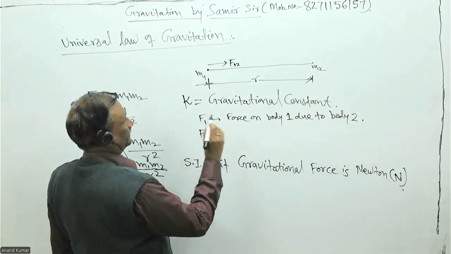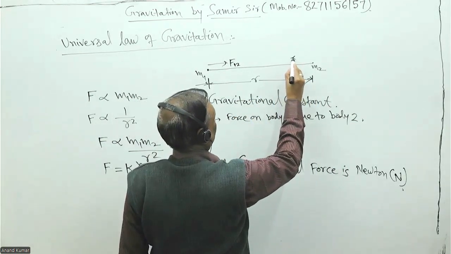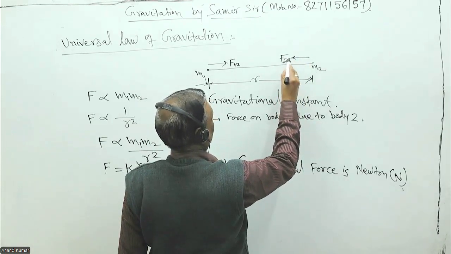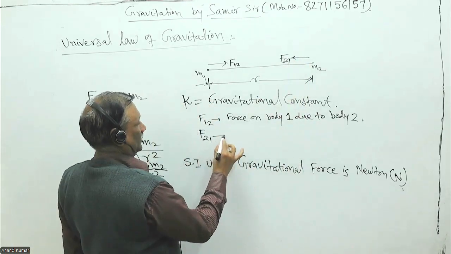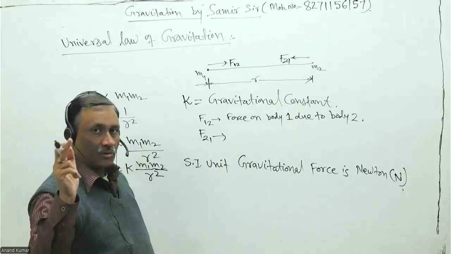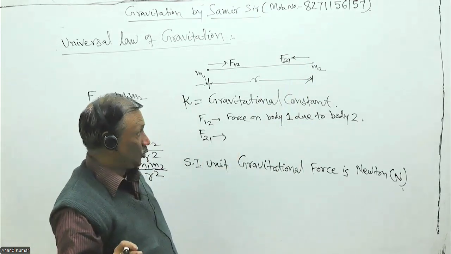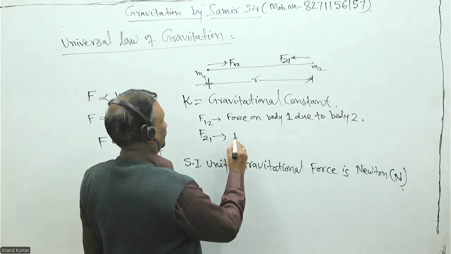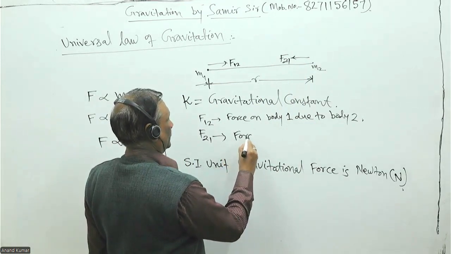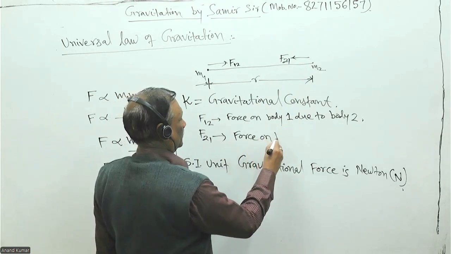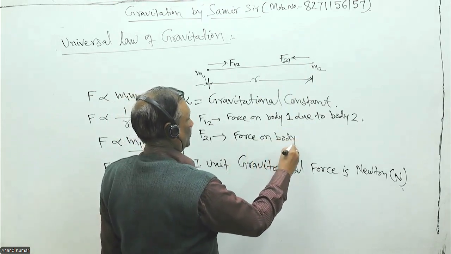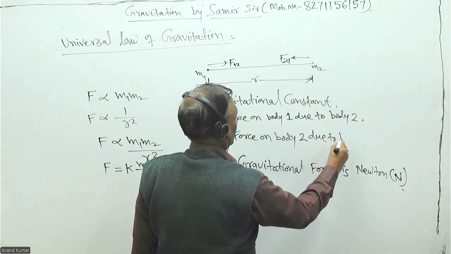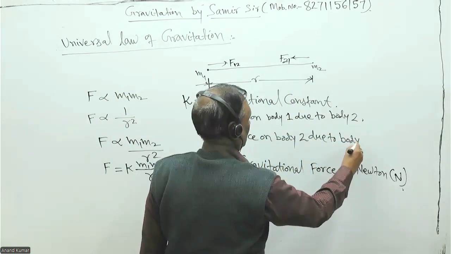The direction is considered like that. F21. What does F21 mean? Force on body 2 due to body 1.